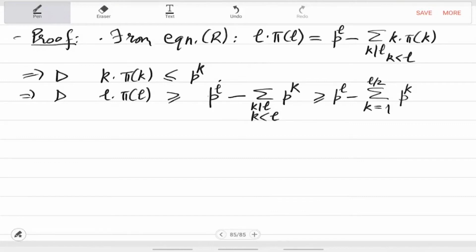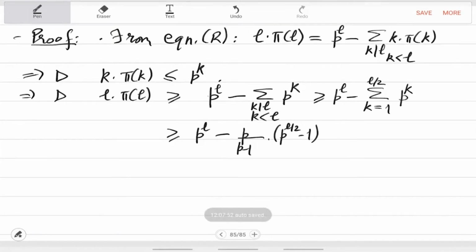So this you can now simply estimate by a geometric sum, geometric series. So p raised to L, right, it is at least this. So that is roughly p raised to L by 2, slightly more than that. So that's the error term.